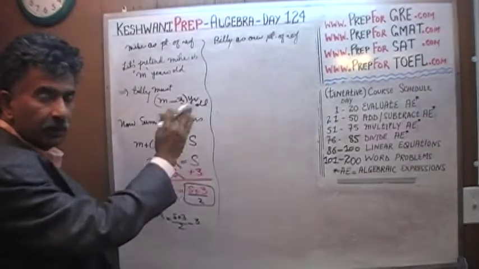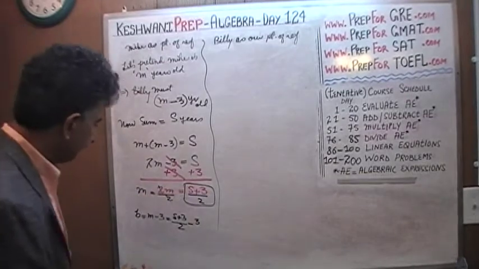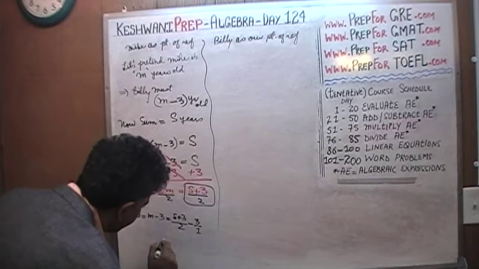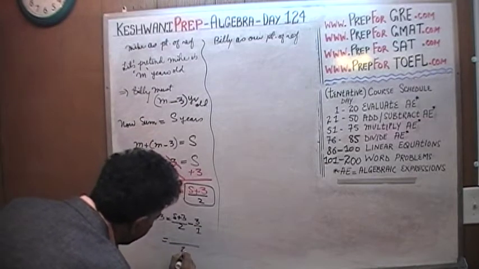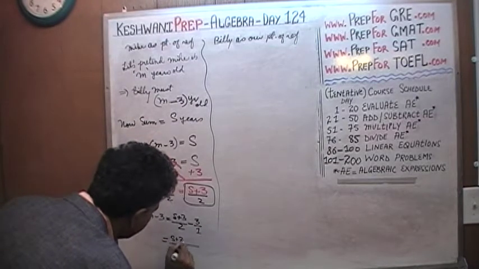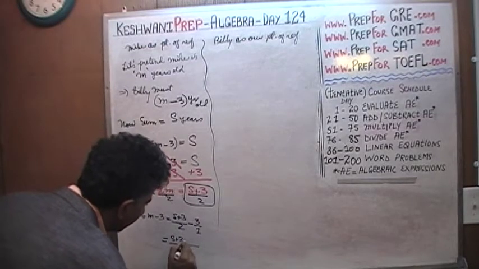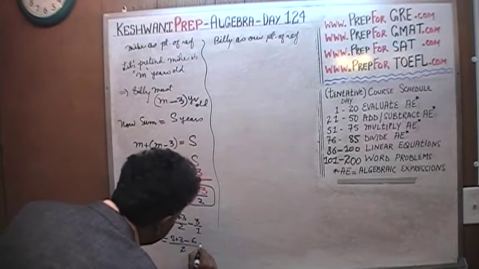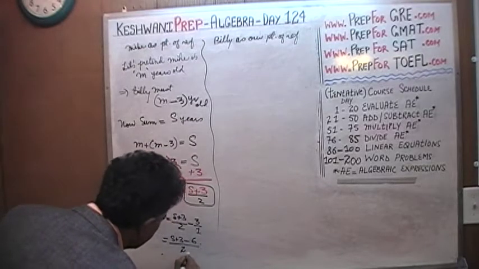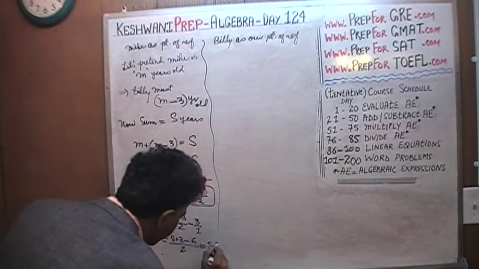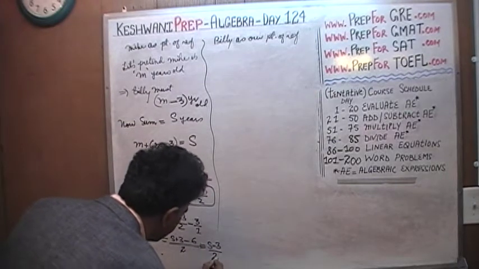We want to be able to compare both methods side by side. This has a denominator of 1, this has a denominator of 2, so the common denominator is going to be 2 here. So we have S plus 3, and then 1 goes into 2 2 times, so it becomes 6. And we end up with S plus 3 minus 6 over 2, which is S minus 3 over 2. That's Billy.